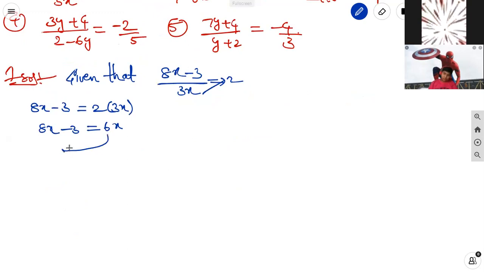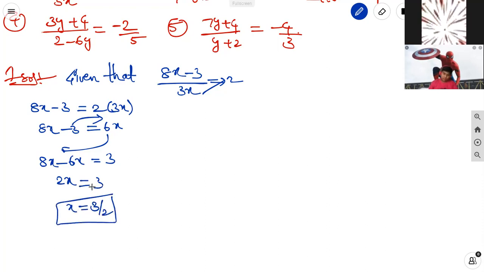So x terms to one side, constants to the other side, by the transpose method: 8x - 6x = 3. 8 minus 6 is 2x = 3. x = 3/2. So the value of x is 3/2. It is the solution of the first question.